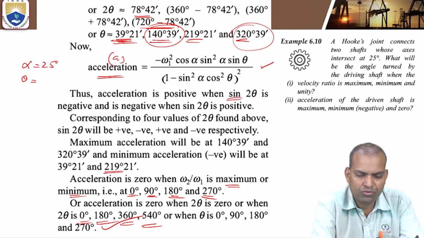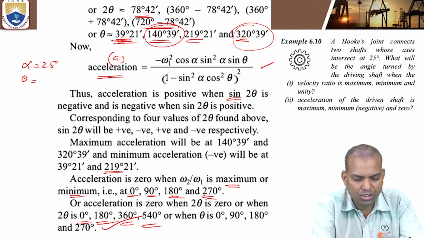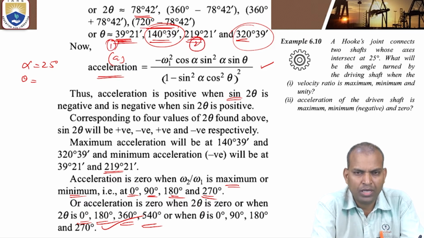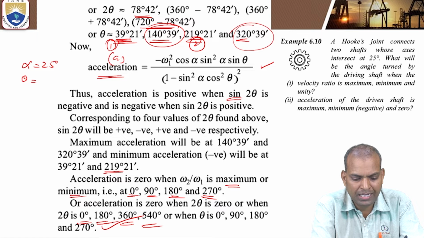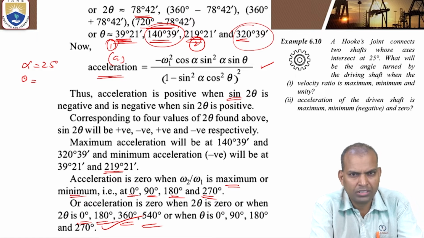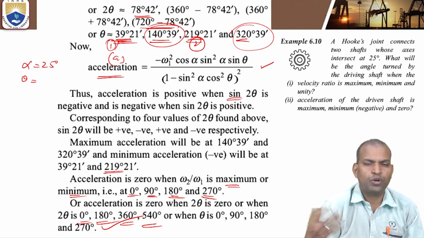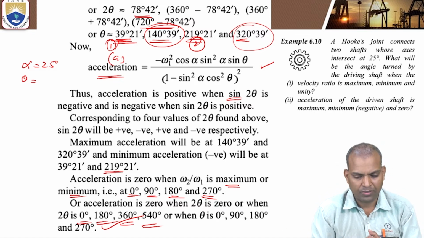At 39 degrees 21 minutes, and 219 degrees 21 minutes, these two values of theta give a negative acceleration, and the remaining values of theta give a positive acceleration. So there are 4 values in that. Among the 4, 2 values are positive and 2 values are negative.